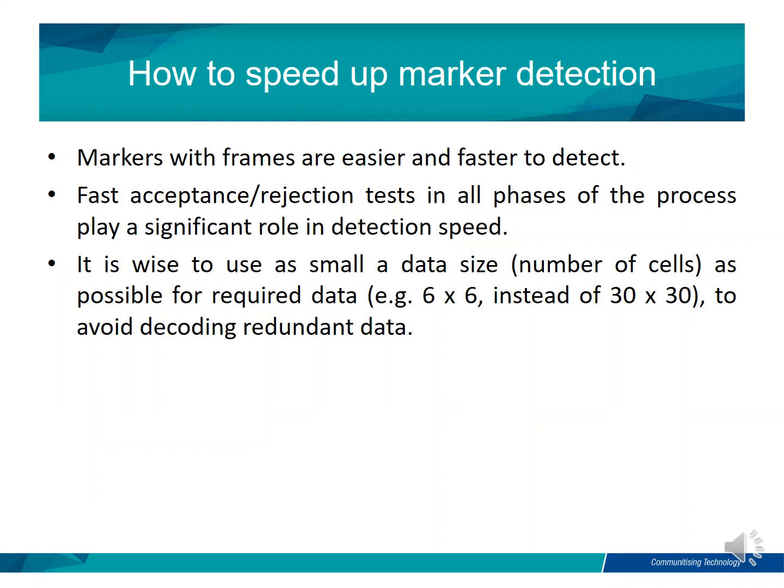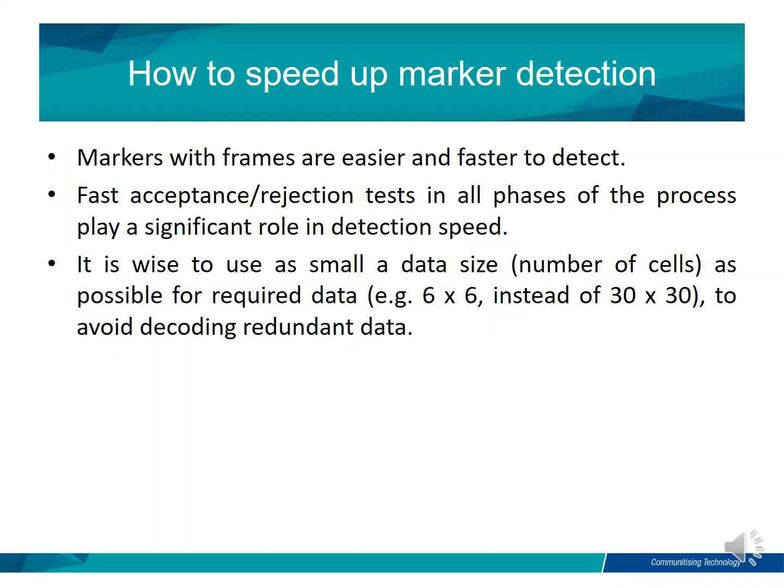Here, there are three recommendations given to us in order to speed up the marker detection process. The first recommendation is about frames. Markers that come with a frame are easier and faster to detect, so make sure the markers have a frame.